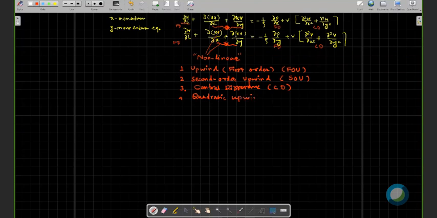So this is also an upwind method, but quadratic upwind interpolation, abbreviated as QUICK.